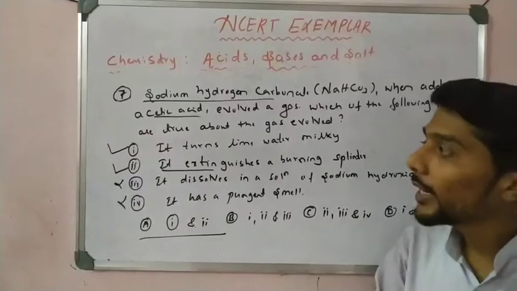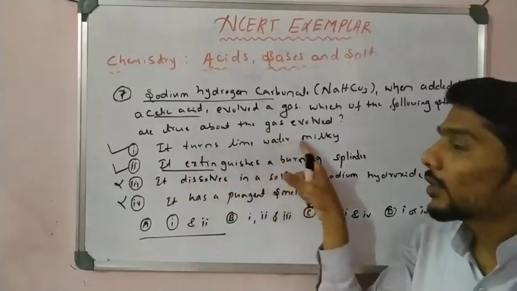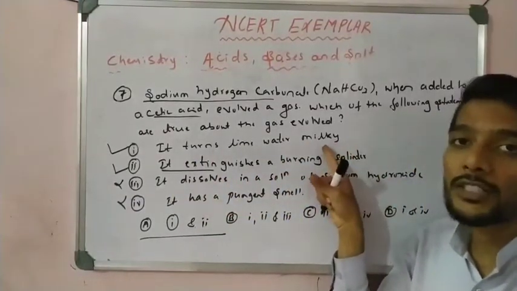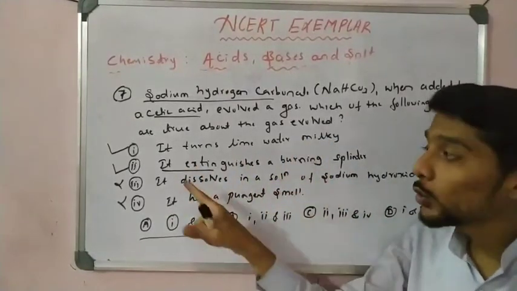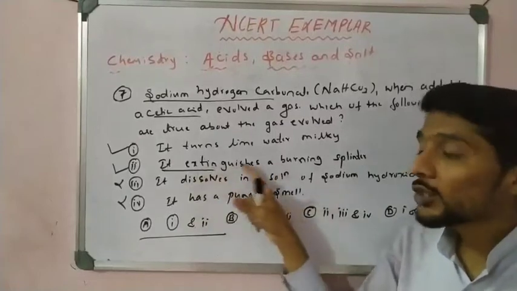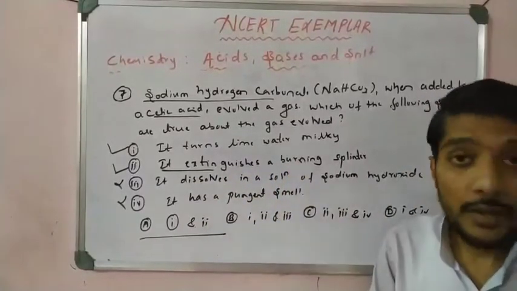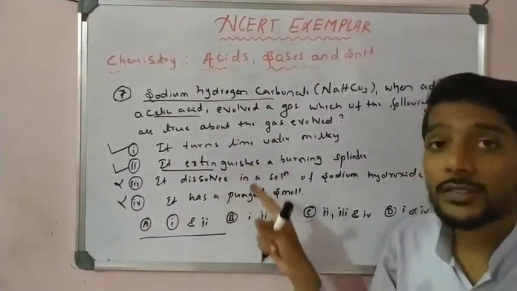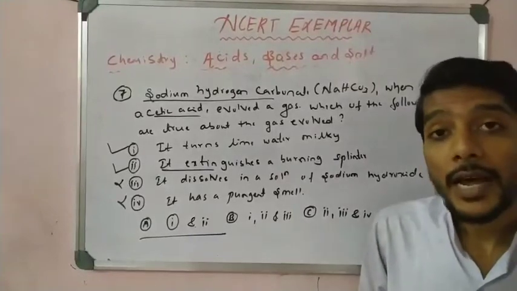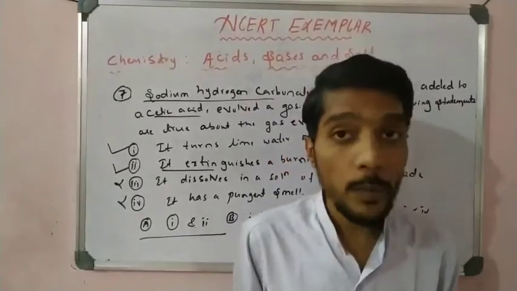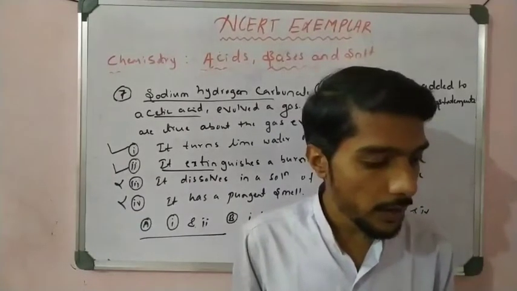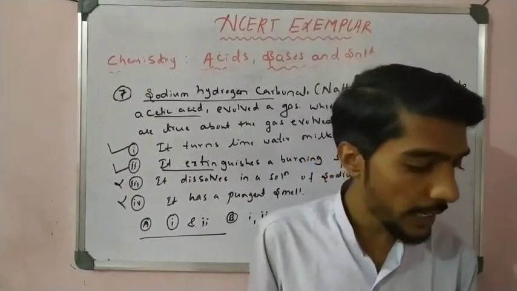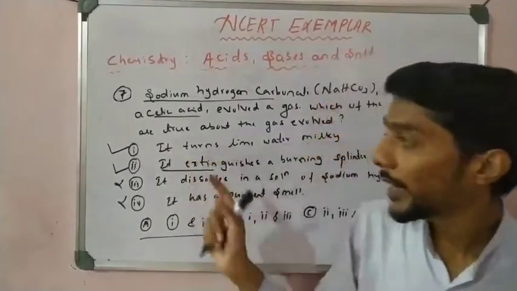Carbon dioxide is also used as a fire extinguisher. In fire extinguisher cylinders, dry carbon dioxide gas is used. Dry ice is carbon dioxide. So statements 1 and 2 are correct here.